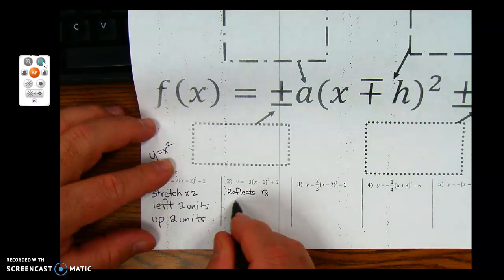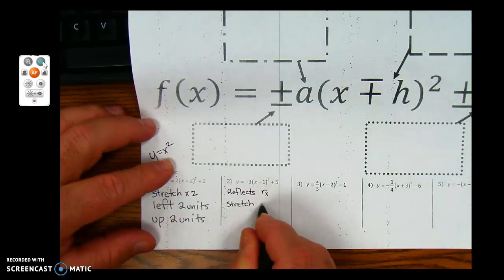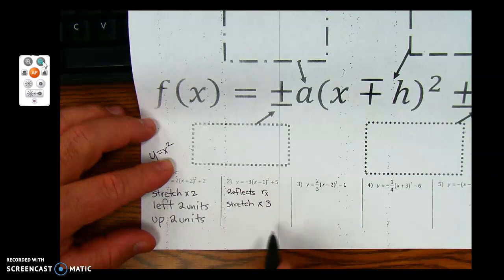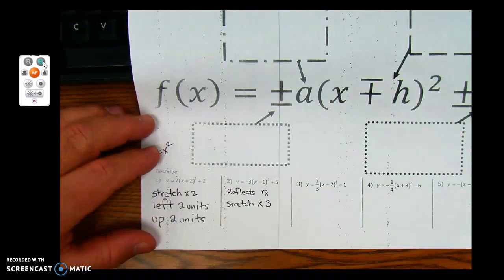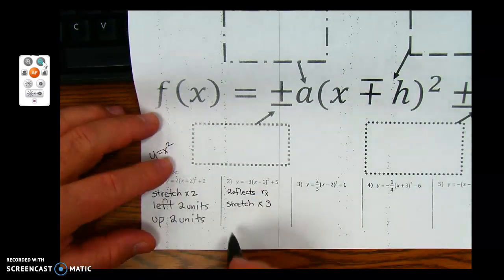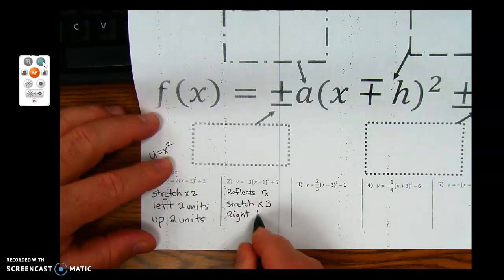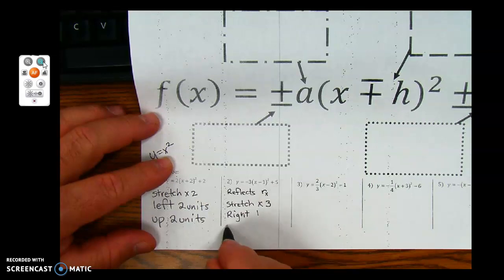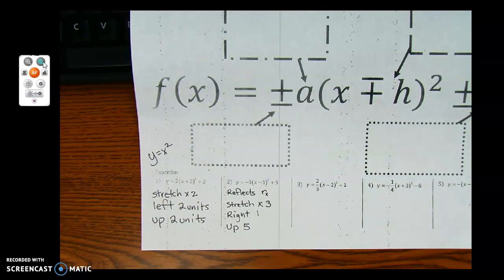The 3 stretches it times 3. So that means all the y values are tripled from the original parent function. This minus 1 right here moves all the ordered pairs, all the points, to the right 1. And then this plus 5 out here moves all the points up 5 units. Okay? So those are your transformations.